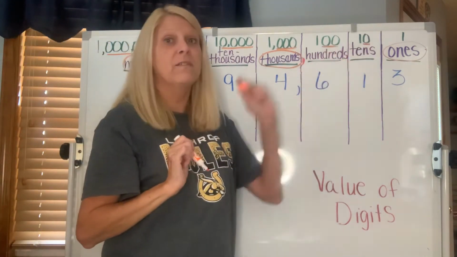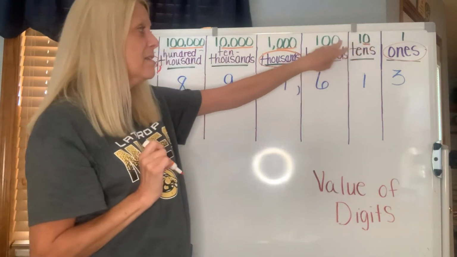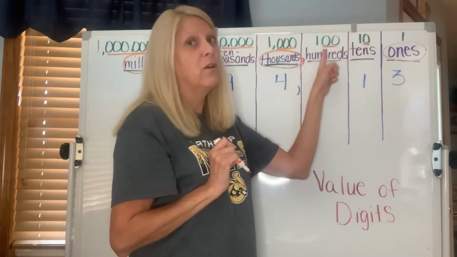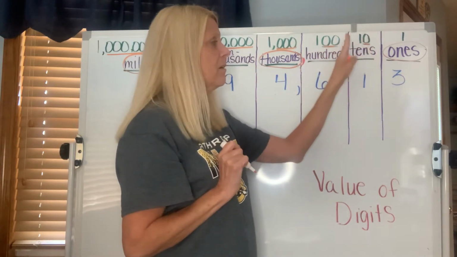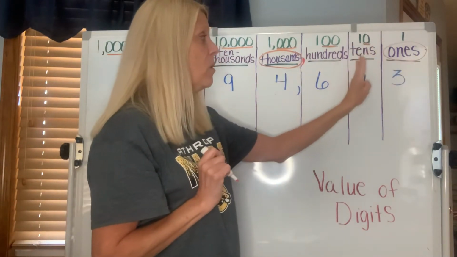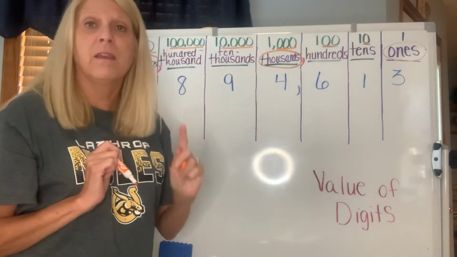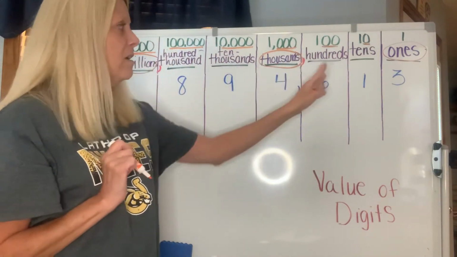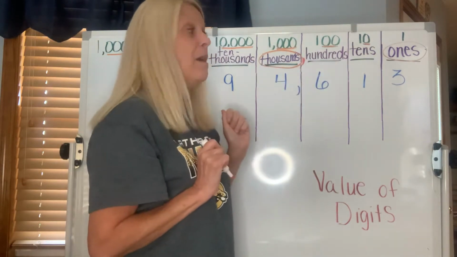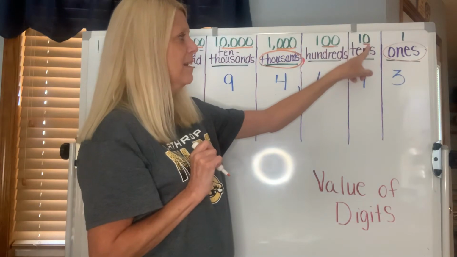Does anyone know why this happens? I bet you do. The reason this happens is because each time we go to the left on the place value chart, the value of the number increases by 10. So let's look at this.